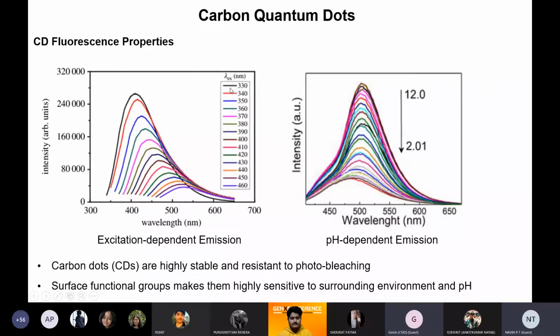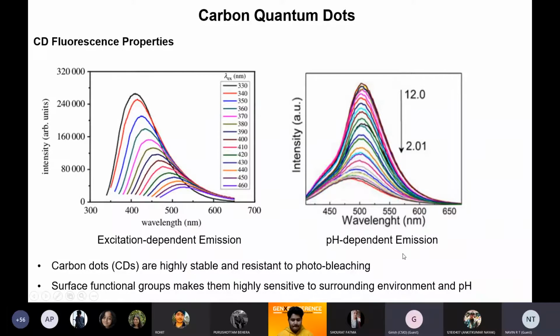For example, when the carbon dot is excited with 330 nanometer, it has an emission profile of around 400 nanometer, that is, blue light is emitted. And when the excitation is shifted to 460 nanometer, it produces green light. So it emits in the green region. This excitation dependent emission is uniquely present in carbon dots.